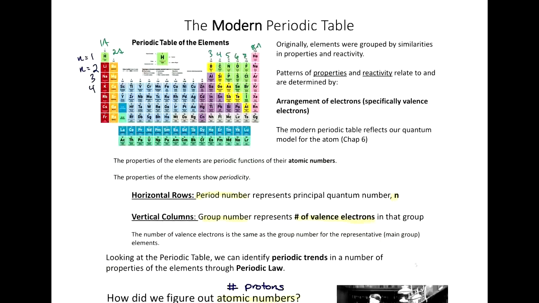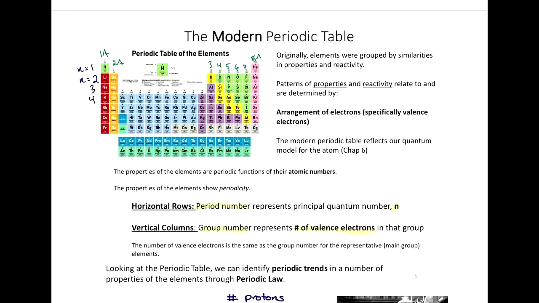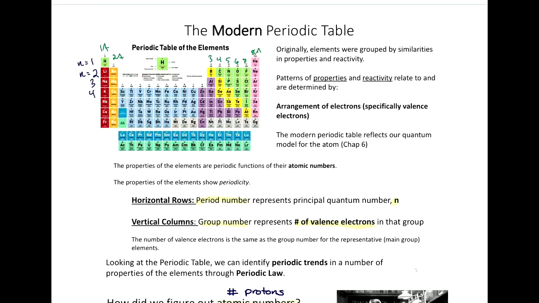A lot of those predictable properties have to do with valence electrons and those quantum numbers that we learned about previously. And so we can see how all group 7A elements have similar properties because they have a similar number of valence electrons. That periodic repeating of certain properties makes sense. That's why we call it the periodic table.